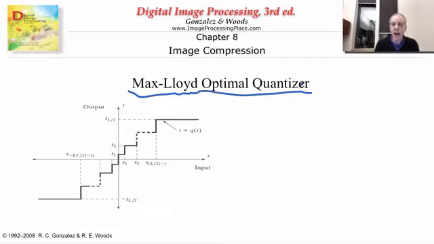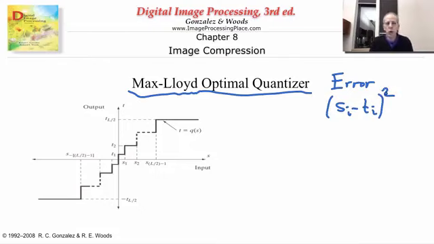The basic idea is relatively simple, although computations are not always straightforward. Remember, we measure the error as the square difference between a given pixel and its representation. So that's the way you decide.